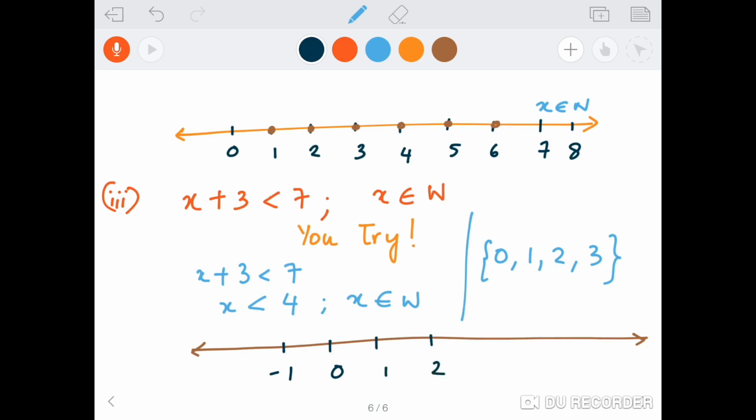So let me first fill up the number line. So I'm going to put 0, 1, 2 and 3. Alright, then I'm just going to say x belongs to W, indicating that all the values of x are whole numbers. Alright, now let's move into the fourth question.